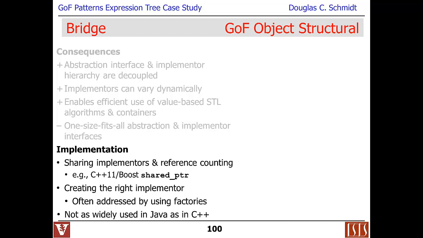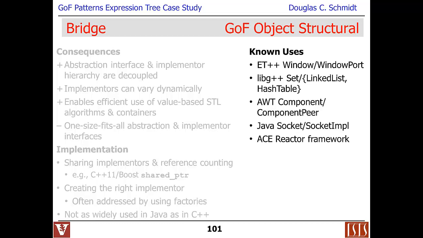So the constructors for all the various locks, the synchronizers that Java provides, will look at a parameter you pass called fair, and if fair is true, they will select a fair implementation. If fair is false, they will select a non-fair implementation. It was kind of fun looking through all this Java code, because I'm recording videos about it right now, and looking at how they use bridge all over the place, even though they're not using it for memory management, which is why you would often use it in C++.